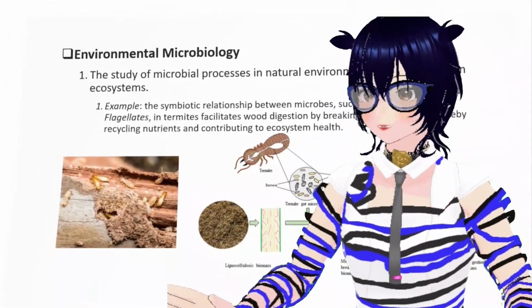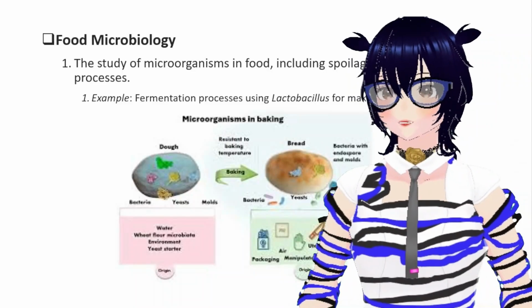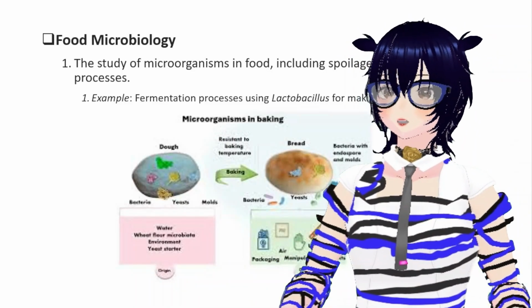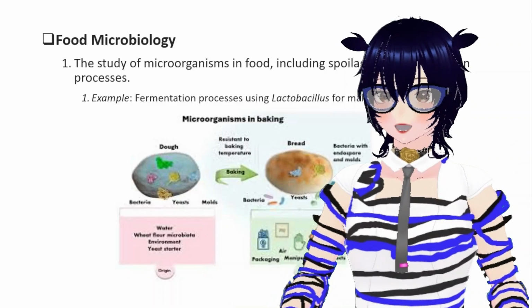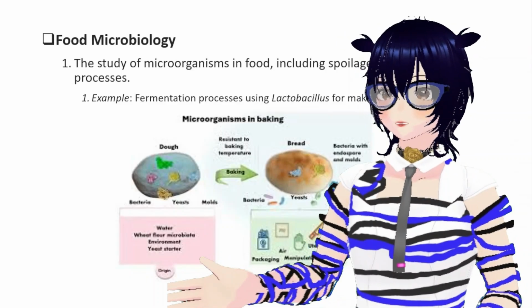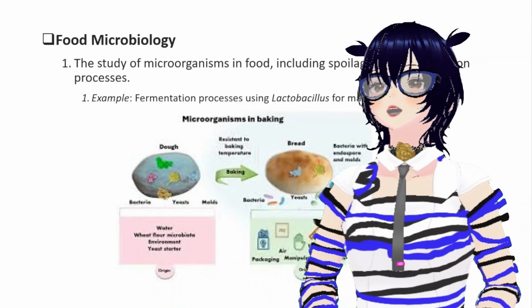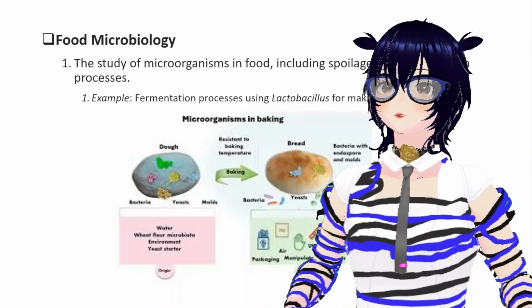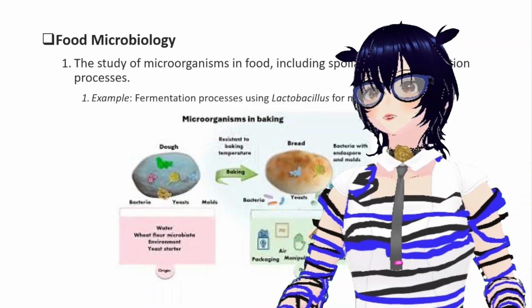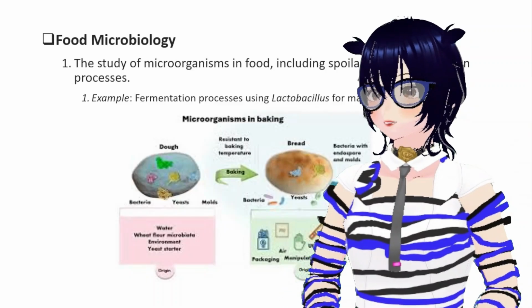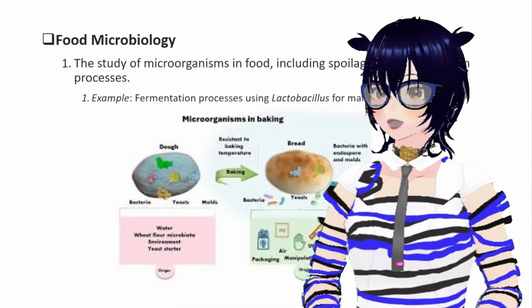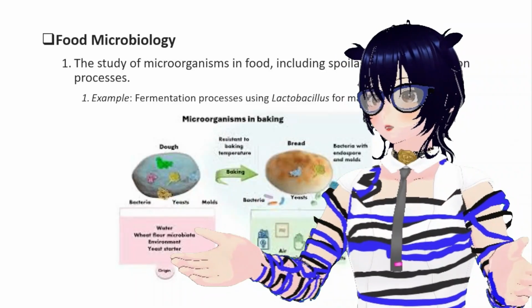Here comes the food microbiology, and it is the study of microorganisms and the food, including spoilage and the fermentation process. We all can't live without food, and microorganisms need food as well. So how do their food resources match with our resources, and how do they connect, and how do they cause multiple phenomena?